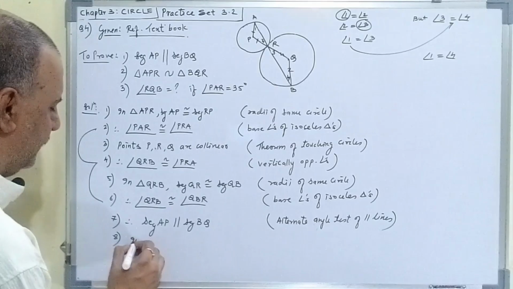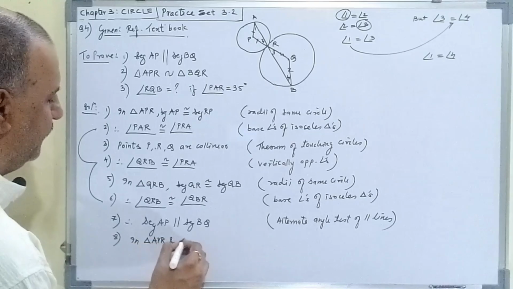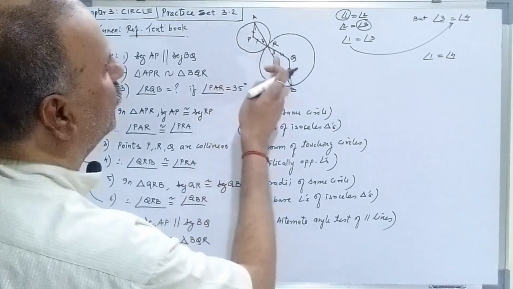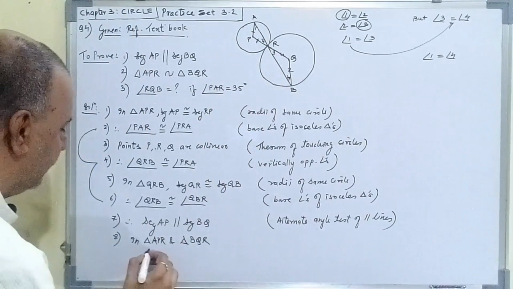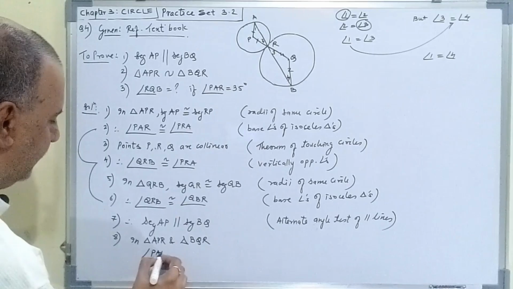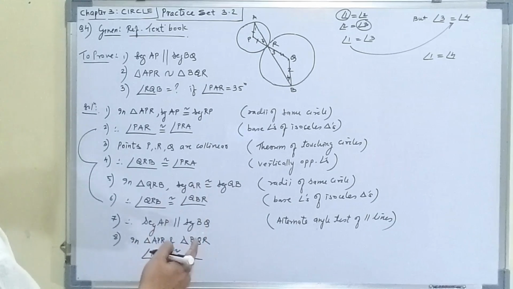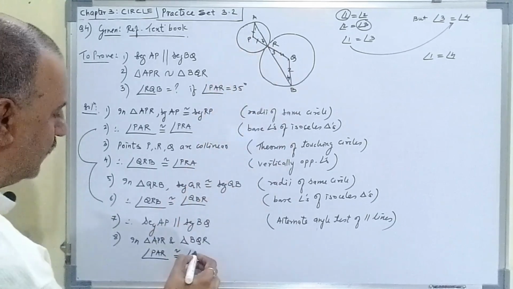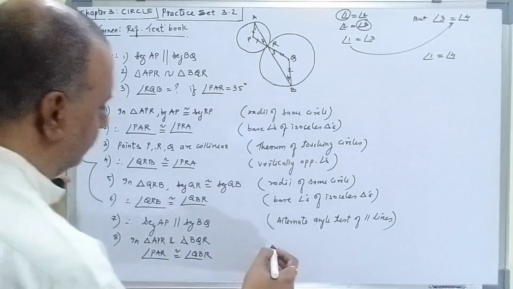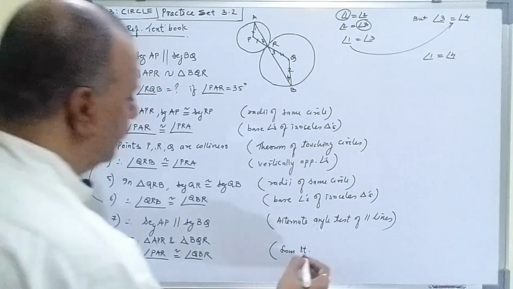Therefore, see, in triangle APR and triangle BQR, see, angle 1, 2, 3, 4 all are congruent. So we can say angle PAR, see 1, 2, 3, congruent to angle QBR, which we have just proved. From statement 2.